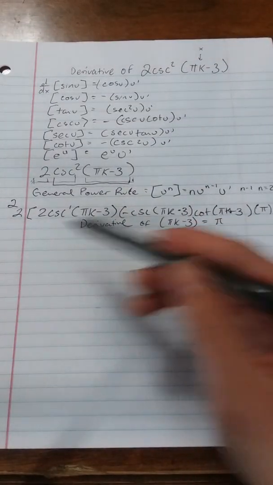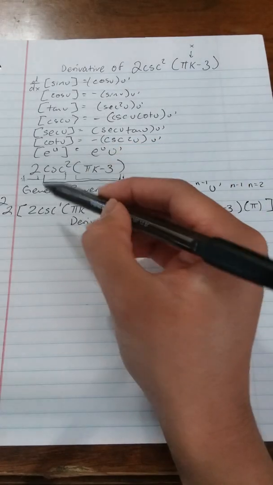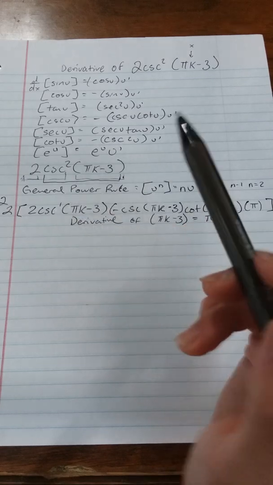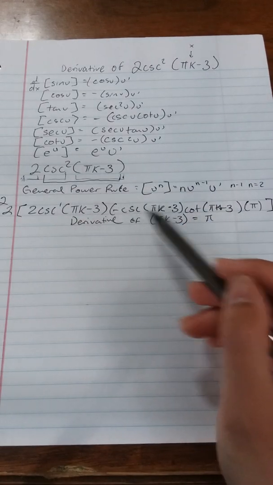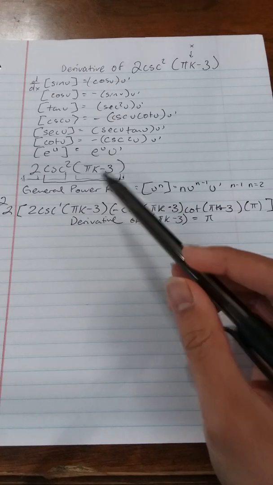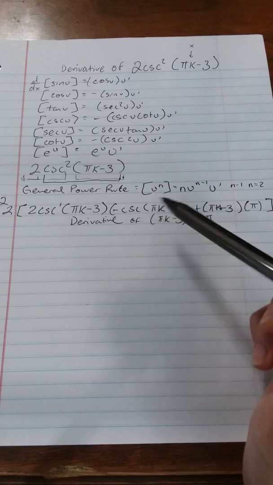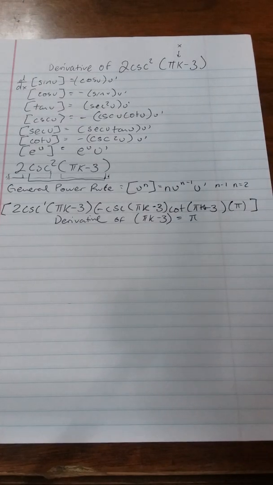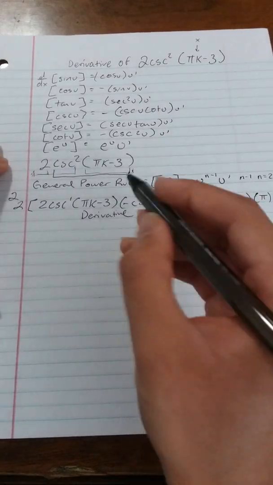Okay, so that was with the general power rule. So we have 2 csc. You don't really have to write that 1, but since we did n minus 1 and n equaled 2, you could write it there. So (πk - 3), and then here's the derivative of the cosecant with our u, and then we'll also have the derivative of the inside. So now we're going to combine some like terms.